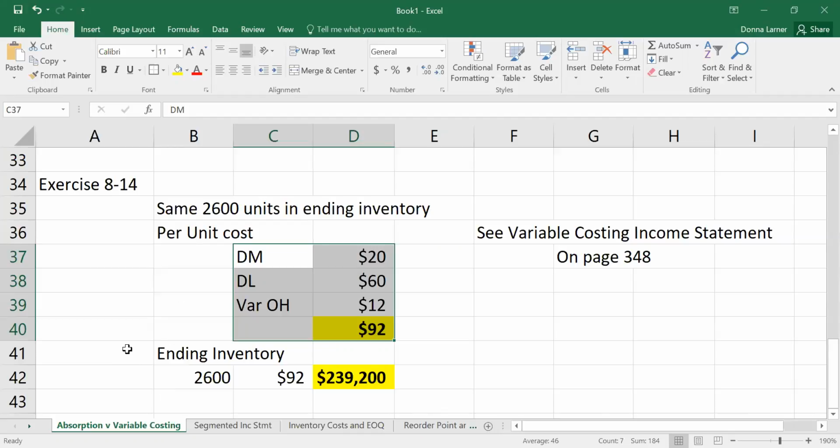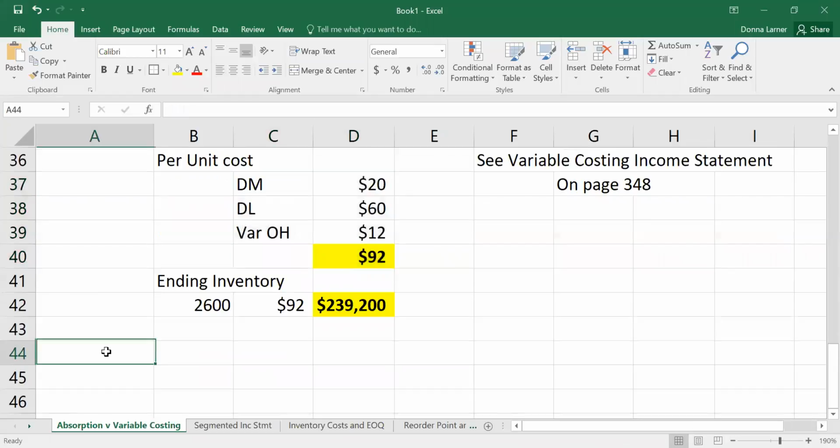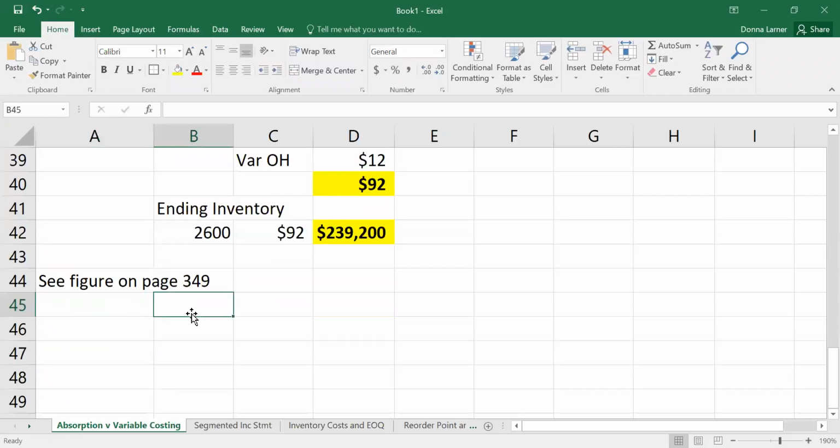One last thing to look at. There's a cool little chart on page 349. This works well when you're looking at exam questions that like to ask you all kinds of weird things. Notice that it says when production is bigger than sales, the absorption costing profit or operating income will be bigger than the variable costing one.